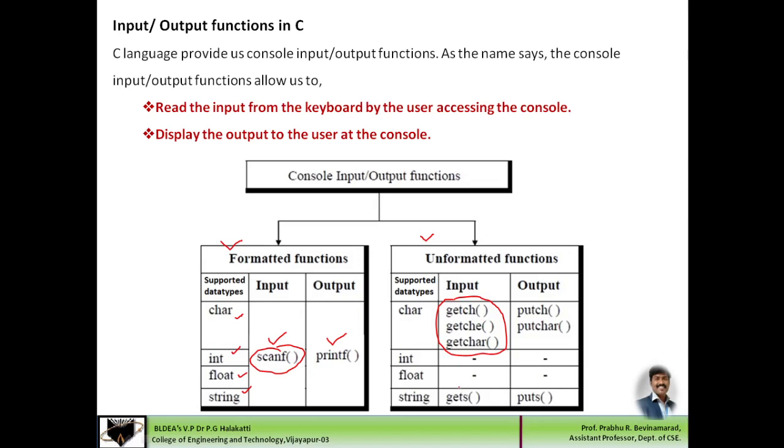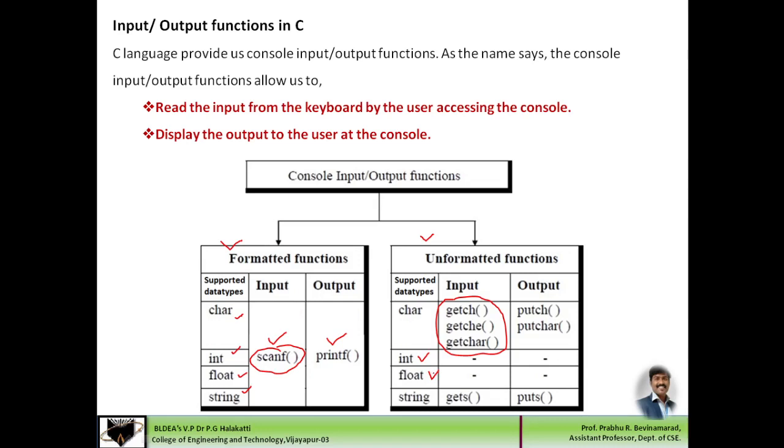Coming to gets and puts, these two functions are used to read a sequence of characters from the keyboard and display a sequence of characters on the screen respectively. So here the gets function will get an input from the keyboard, and the puts function will display a sequence of characters on the screen. We don't have unformatted input-output functions to read and write integer type data and float type data.